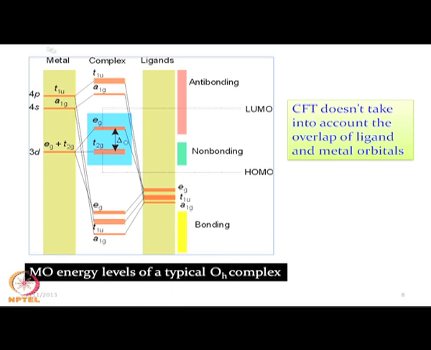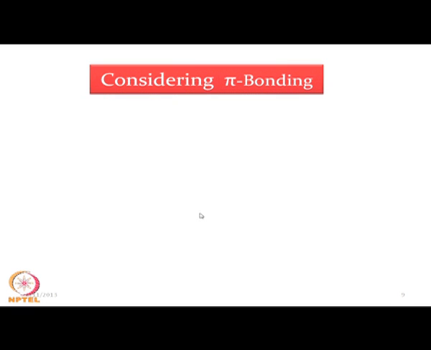This particular picture, the entire molecular orbital energy level diagram for a typical octahedral complex, can now explain the availability of these orbitals, how they interact with the ligand group orbitals of matching symmetry, which is why they are also known as SGOs, the symmetry group orbitals, and how these energy levels are available for these different types of characters and properties.